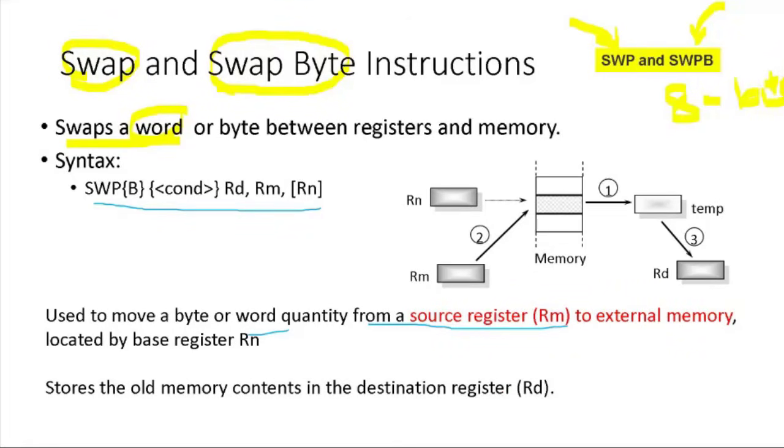We have one data here, and we have one memory here, and I want to exchange this value between this register and this memory location. So this swap instruction is doing that operation, and stores the old memory contents in the destination register Rd. So this is the swap instruction, and there are two variants. One is swap, another one is swap byte.